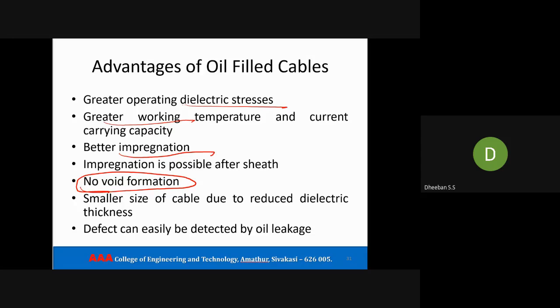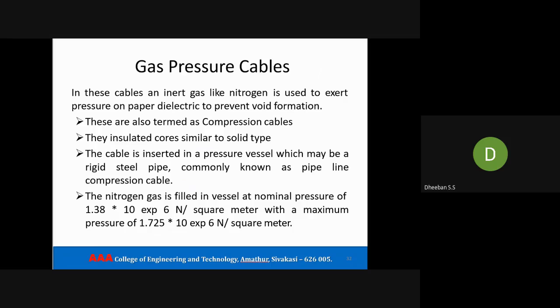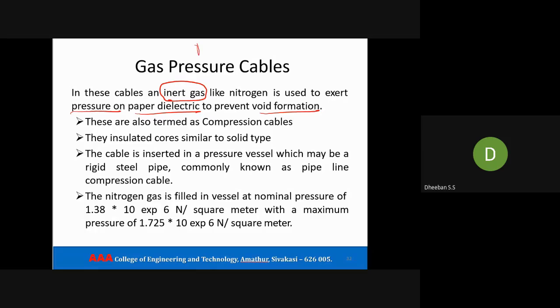So next is the gas pressure cable. In this cable, they'll be using an inert gas. You know about inert gas. It has to prevent formation of voids.